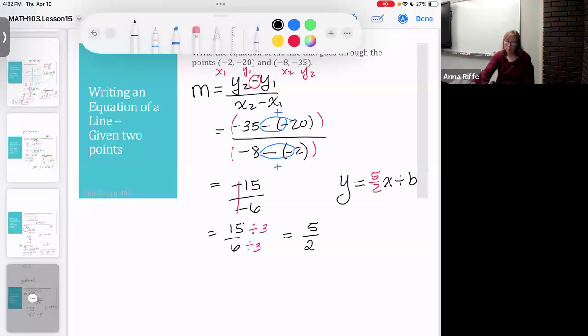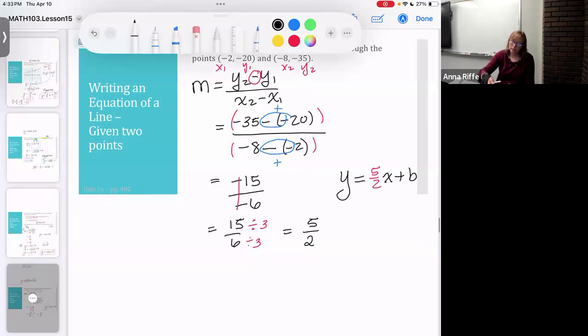All right. Now that we have the slope in place, let's go ahead and find the y-intercept. Let's find b. There was m. I think I did it in red.